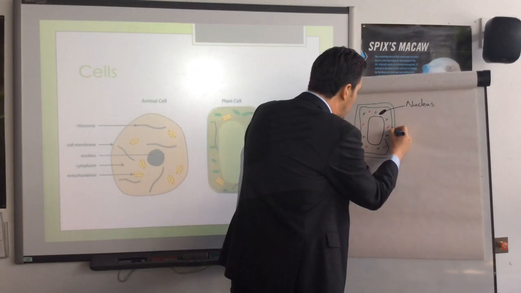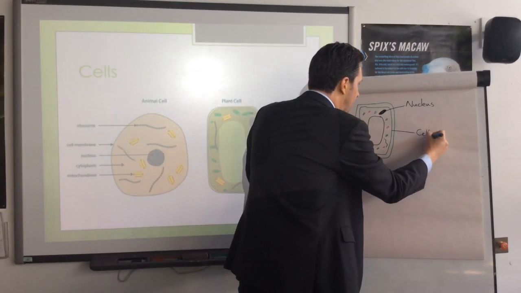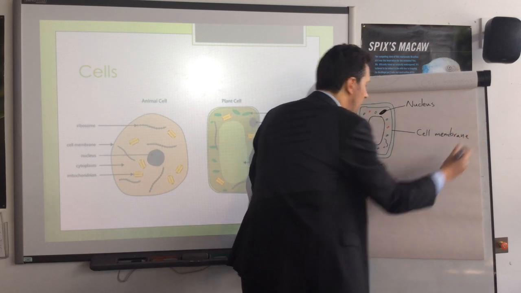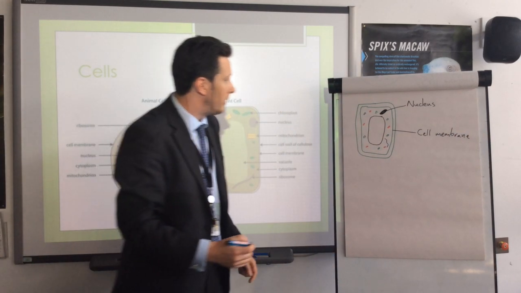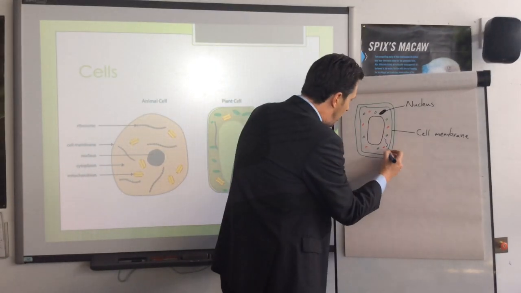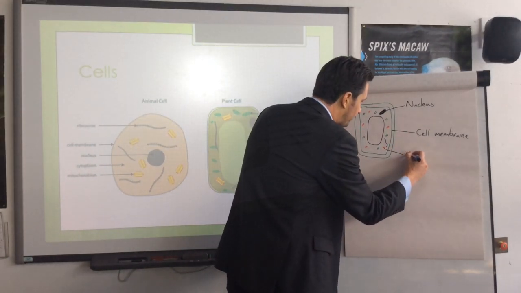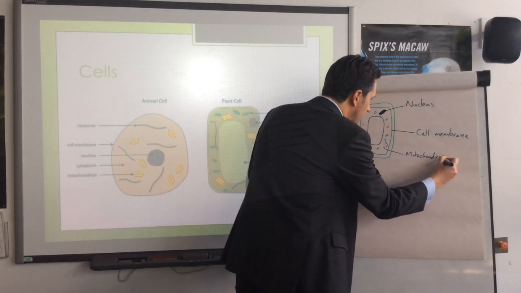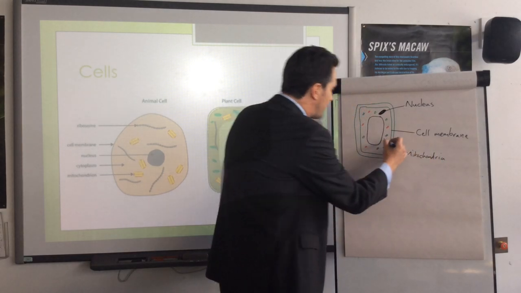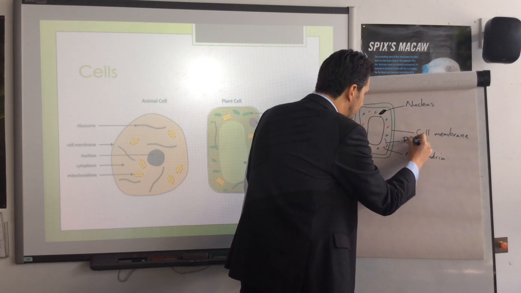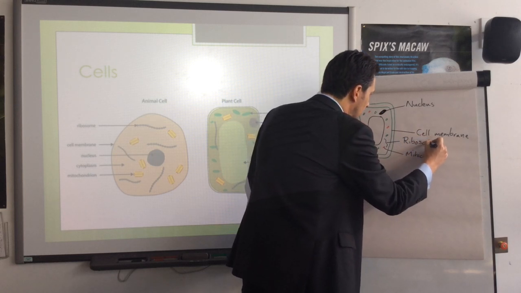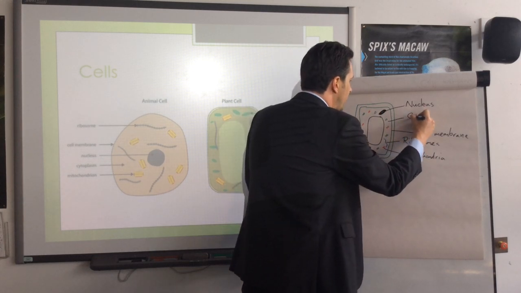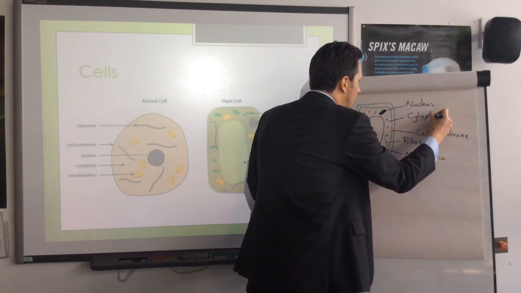We've got the cell membrane, which is actually the inner layer of the two. It controls what goes in and out of the cell. We've got our mitochondria, where energy is released through respiration. We've got our ribosomes. And making up the gel inside it is the cytoplasm.